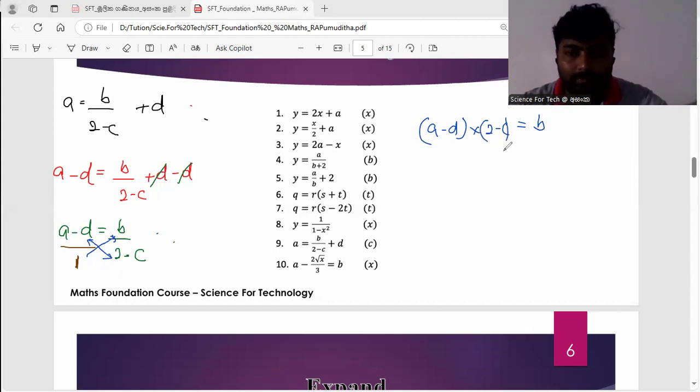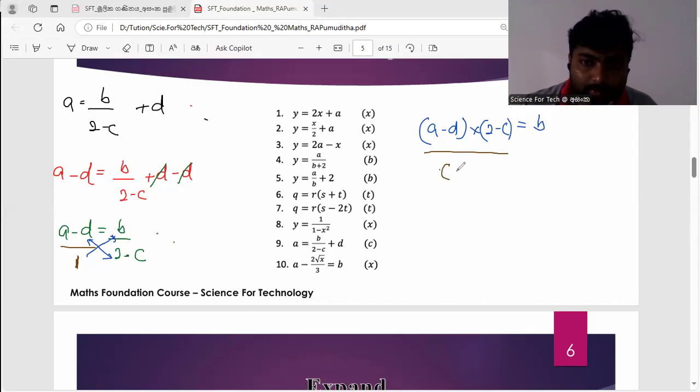2 minus c. As the next step, I am going to remove this a minus d from this side. So what I am going to do is I put a bracket and divide the whole expression by a minus d, and this side also by a minus d.